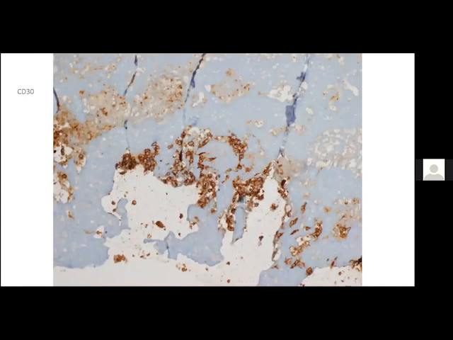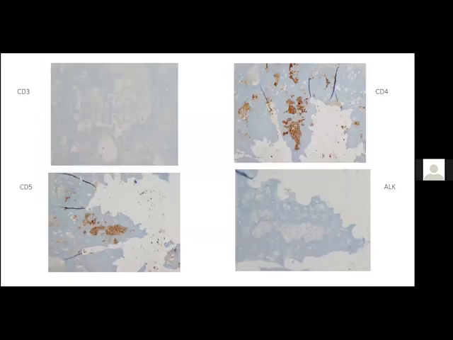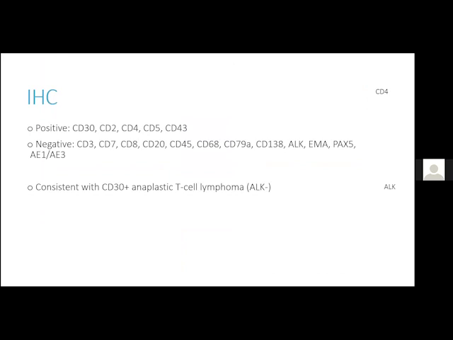These cells showed strong membranous expression of CD30, as well as positive expression of CD4, CD5, ALK is negative, and CD3 was aberrantly negative. So this was considered positive for CD30-positive anaplastic T-cell lymphoma, ALK negative. This slide shows the panel of IHC that was done at the time.